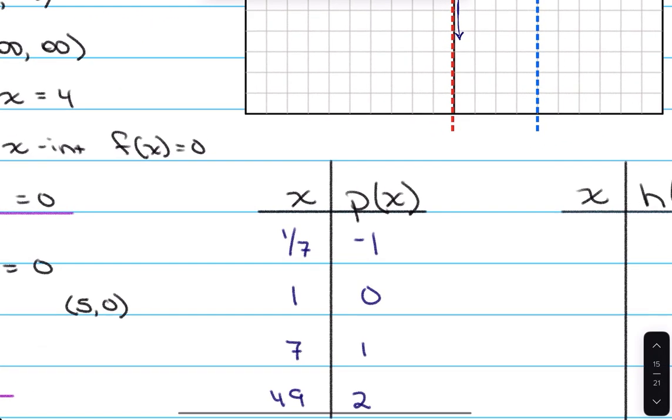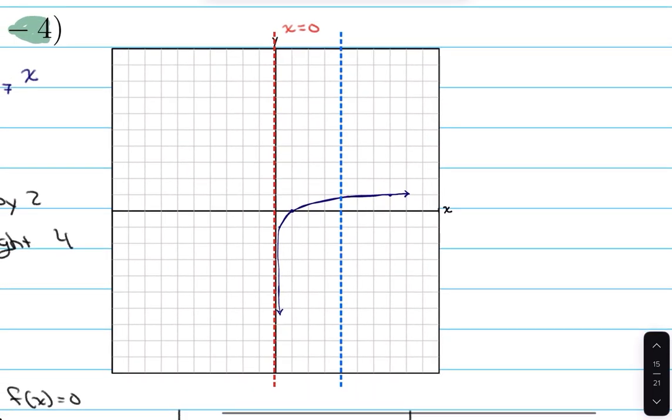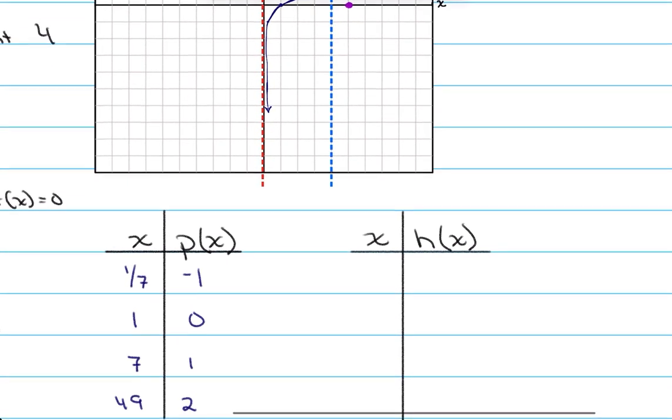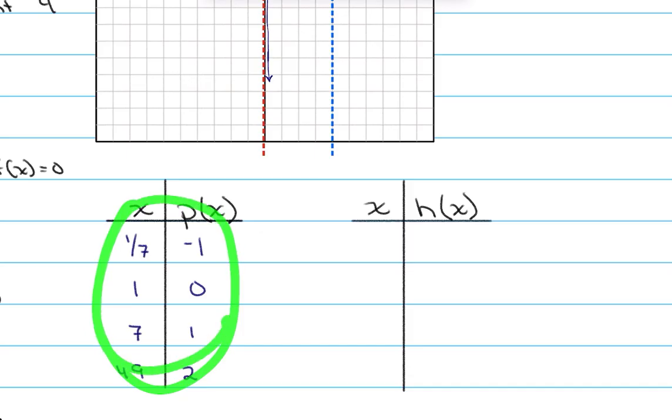So I can go ahead and plot that point, 5, 0. That guy right there. Then again, I'm going to take some of these points that I already have. These are points along the parent function. Those points will be transformed.